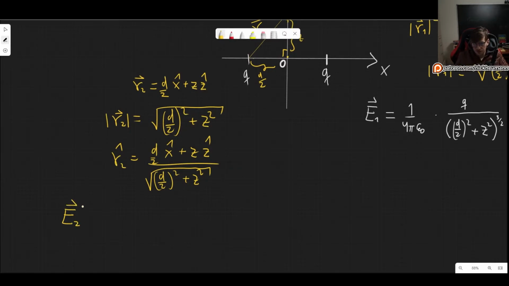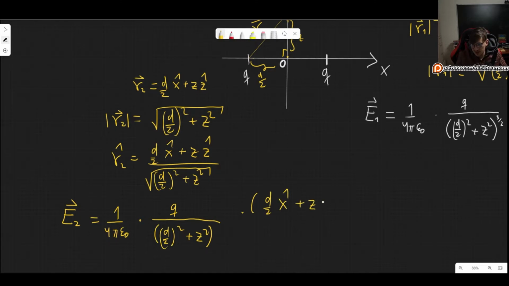Okay, and now we have to plug this back into the expression for the electric field due to this charge. So the electric field due to this charge, well, what is it? This is basically the same as before. So 1 over 4 pi epsilon 0 times q divided by d over 2 squared plus z squared, and then we multiply by the unit vector, which is d over 2 x hat plus z hat, and then we divide all of this by the square root of d over 2 squared plus z squared.